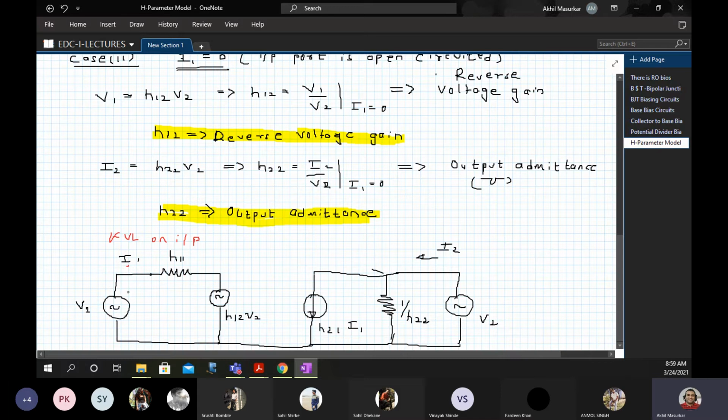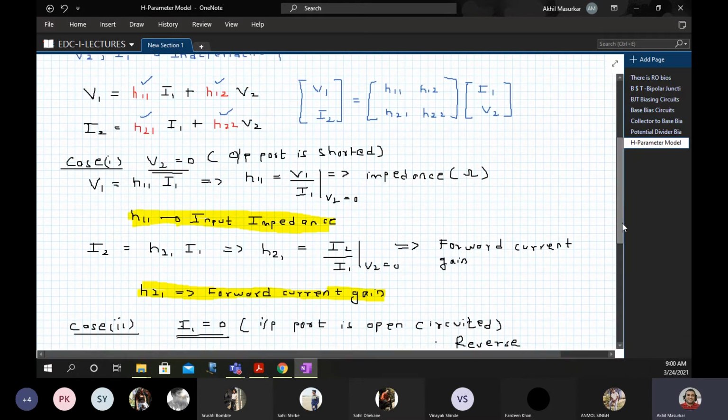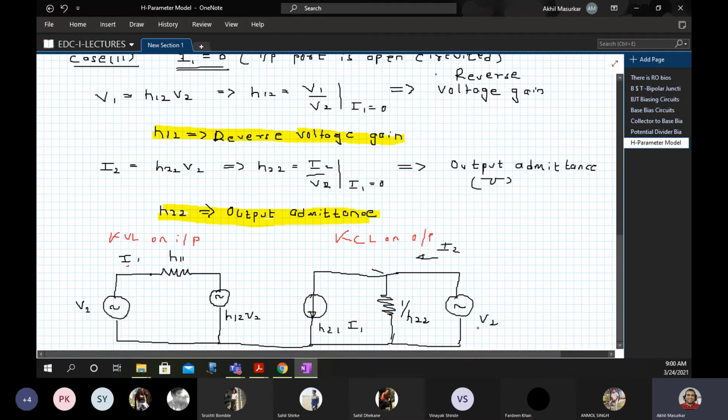So from the equation we generated this circuit, and when we applied KCL on the output side, we got this circuit, that is I2 is equal to H21 I1 plus H22 V2. So we wrote it this way.